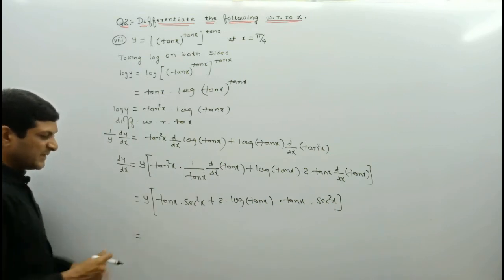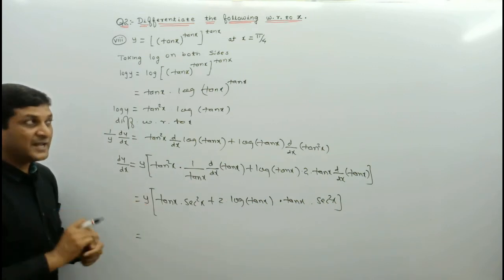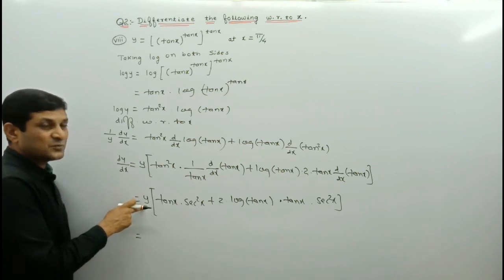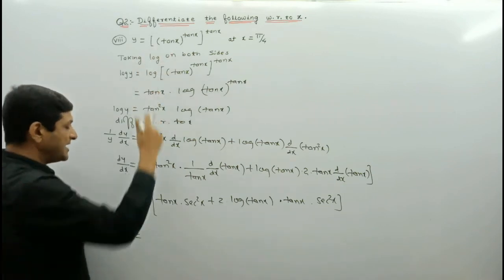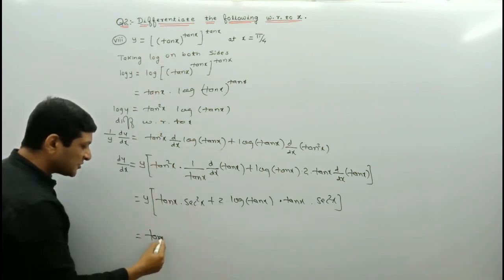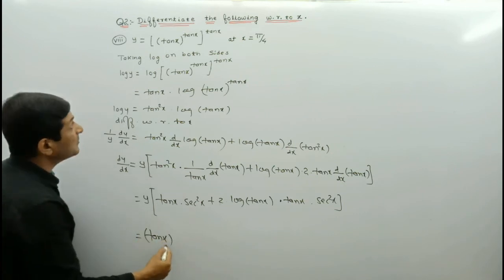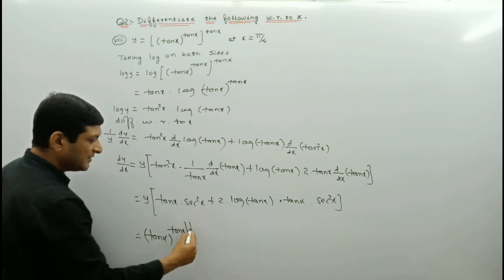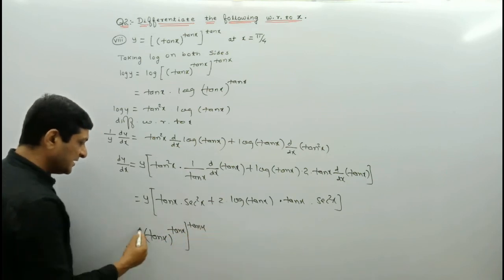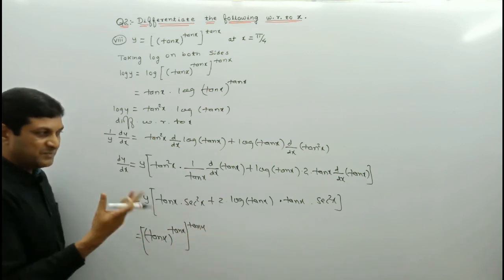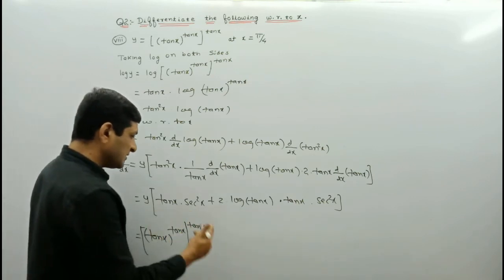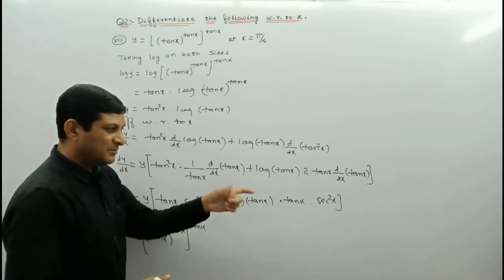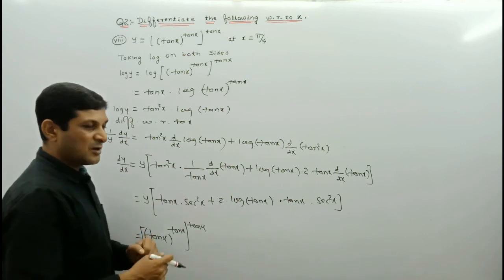So the only remaining part is to find out the value of y, only to replace y by its value, where the value of y is equal to tan x raised to power tan x raised to power tan x, isn't it? Now check, is it possible to simplify it or not? Nothing is there to simplify, only we are able to take sec square x and tan x common from both the terms.